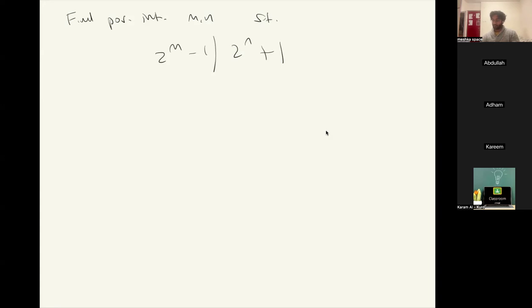What does it mean that this is true? It means that for every prime p dividing 2 to the m minus 1, the same prime also divides 2 to the n plus 1.